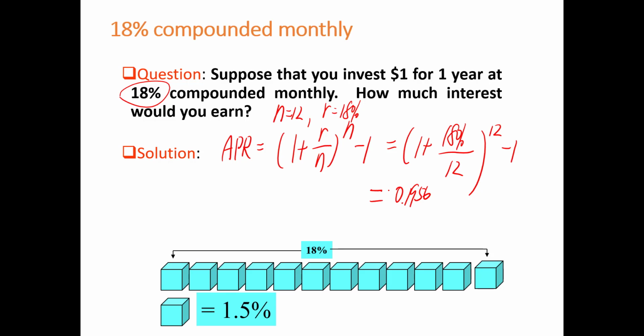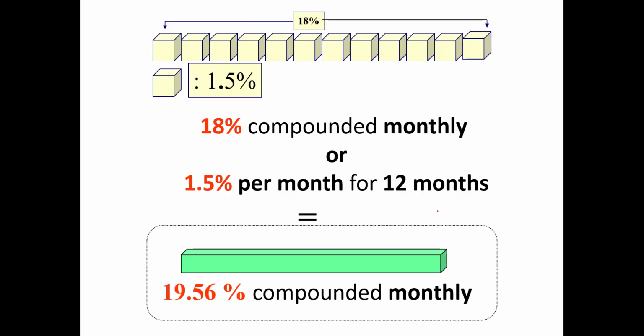Actually, this should be 0.1956, which is approximately 19.56%. By compounding monthly, the effective interest rate becomes 19.56%. So, 19.56% compounded monthly.